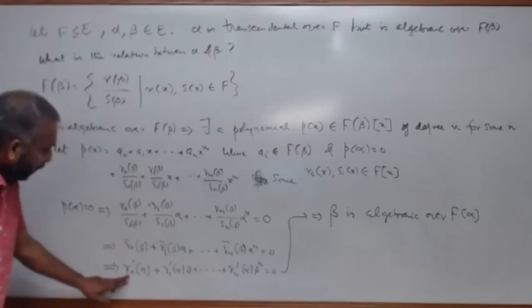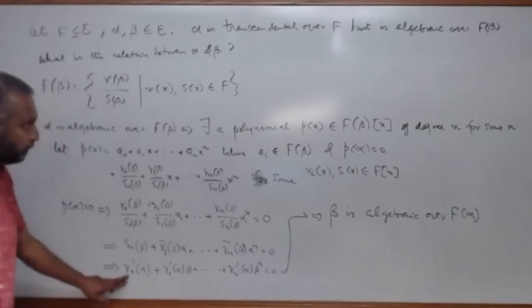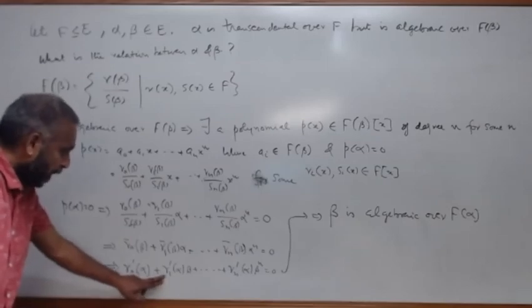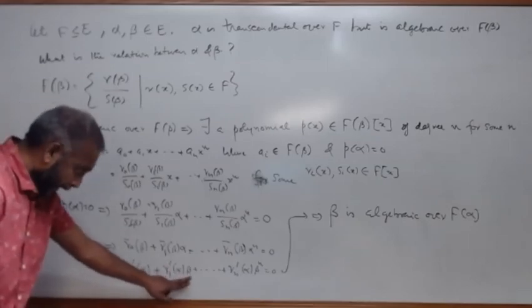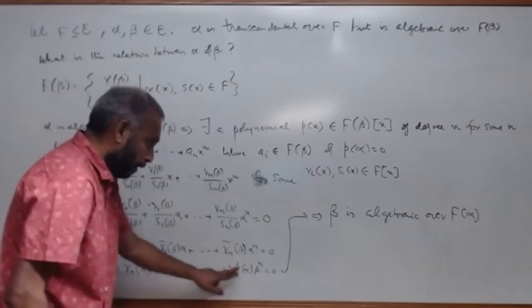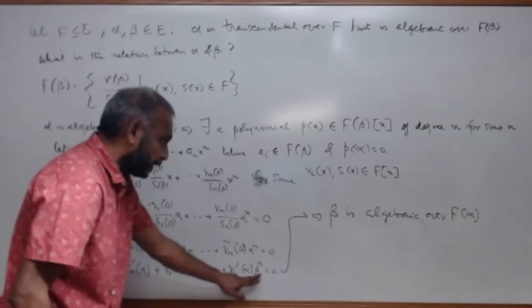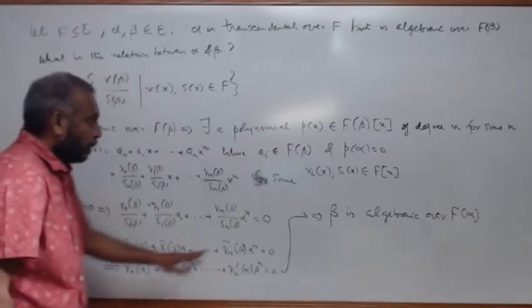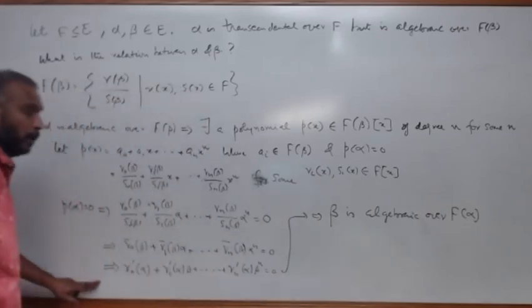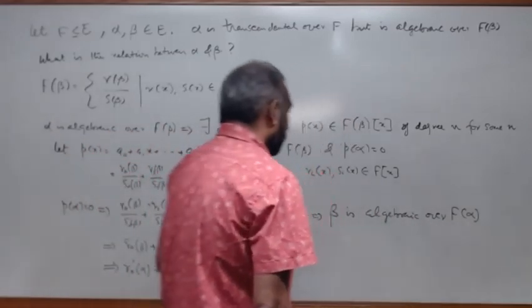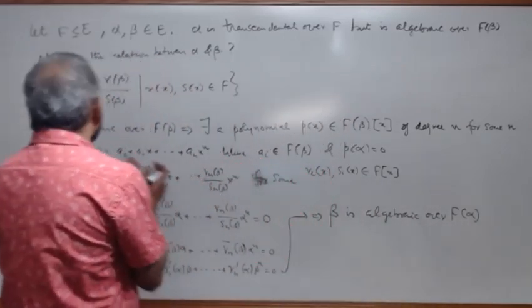Because if you take the polynomial as R'0 of alpha plus R'1 of alpha times x plus ... R'n of alpha times x to the power of n, if you take that polynomial, beta will be a zero of that polynomial. So beta is algebraic over F of alpha. So that is the relationship.